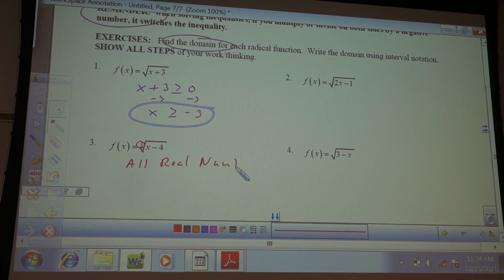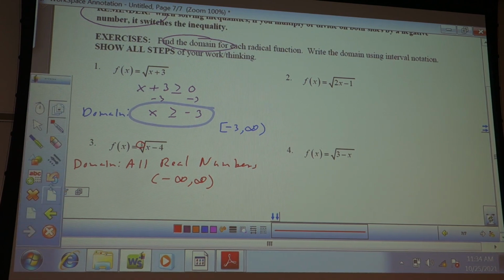Negative infinity to positive infinity. This one here is x is greater than or equal to negative 3. That means here's negative 3, it can equal it, and it can be greater than it. That's my domain. Now, we did this 2 classes ago.